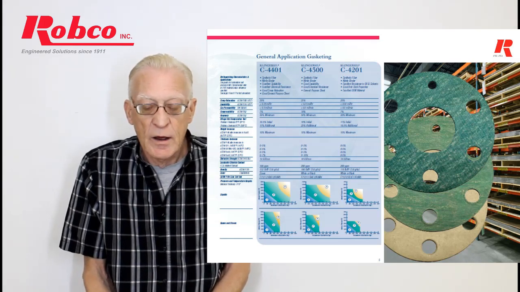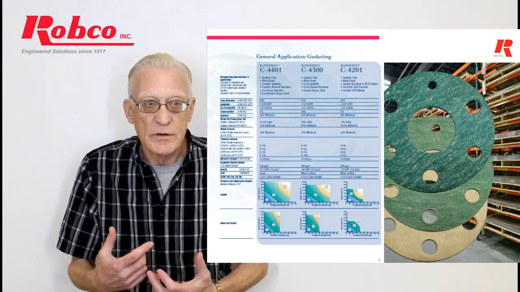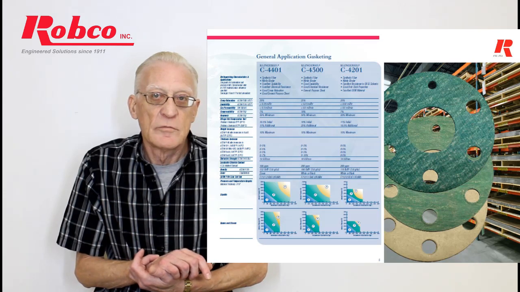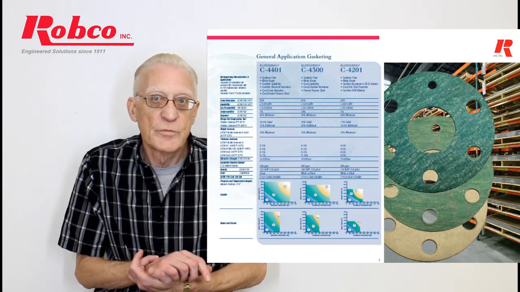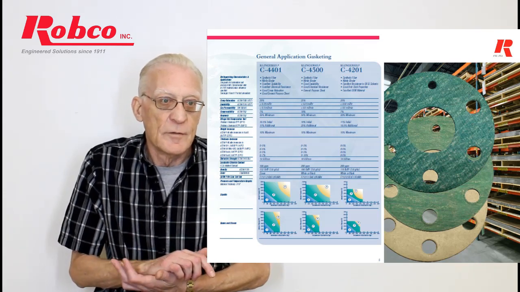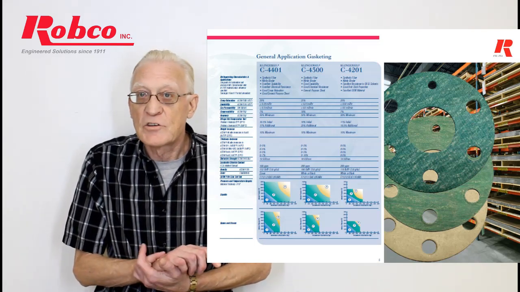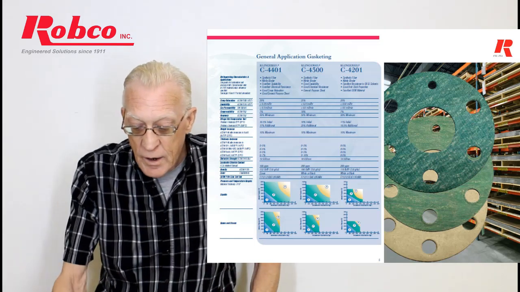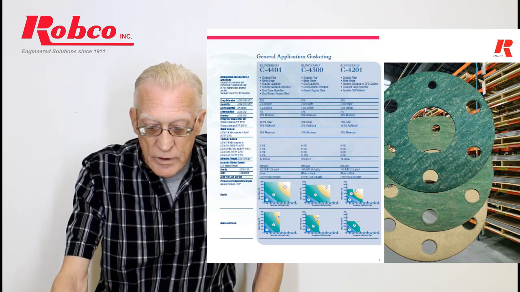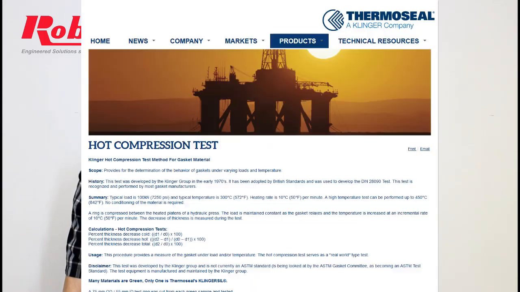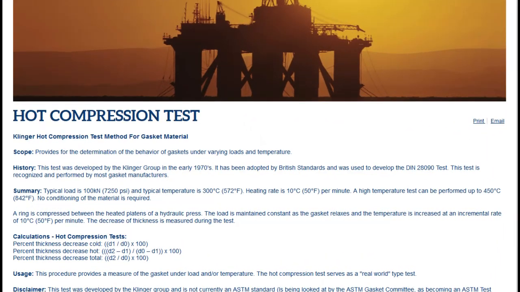As I had mentioned, a hot compression test is a constant load. So we're not losing bolt torque. So if we don't lose bolt torque, and the bolts keep pushing, something's got to give. It's actually the gasket. So what we'll do is we'll go to the website, and here is the information on a hot compression test.